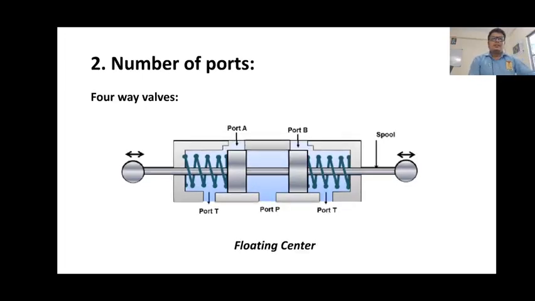Next is the floating center. You can see from the figure the floating center that is indicating a three-position four-way directional control valve in its mid position. The pump port is blocked and both the working ports A and B are connected to the tank port T. Therefore, the working ports A and B can be moved freely, which is the reason it is called the floating center.